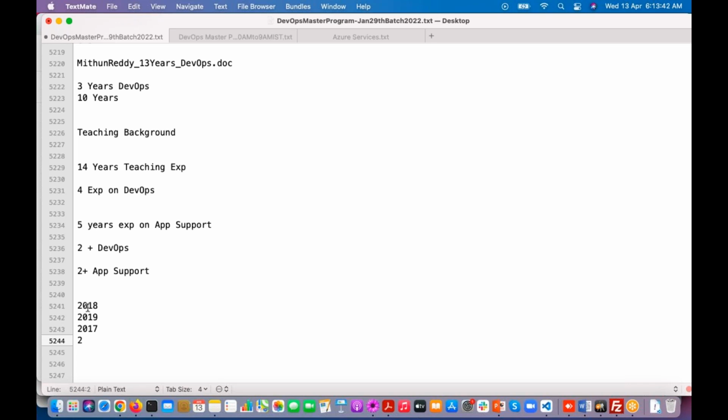Some guys completed engineering in 2009. So four or five students recently, meaning four or five months back, after a 13 or 14 year education gap, moved to the DevOps side, the IT side.